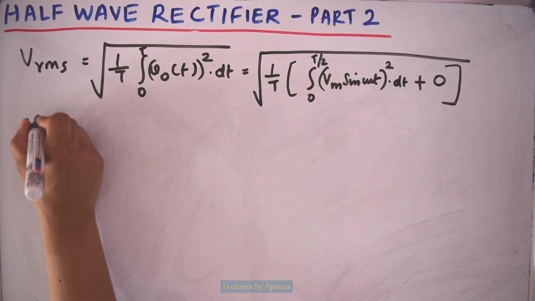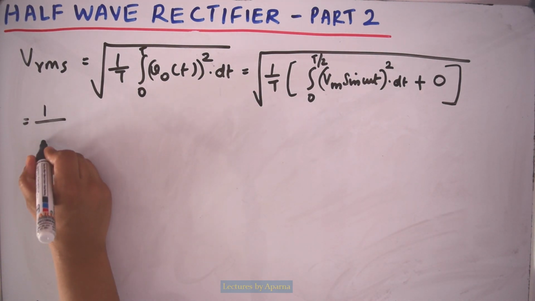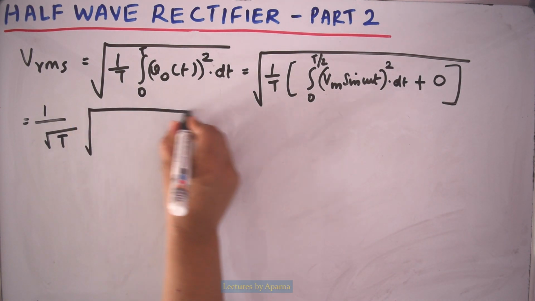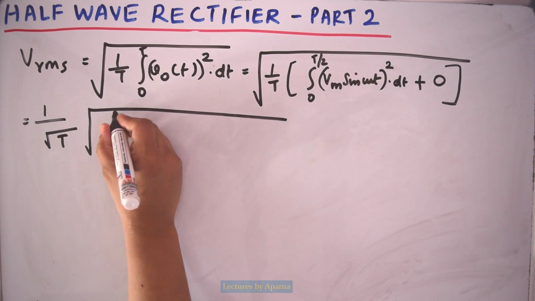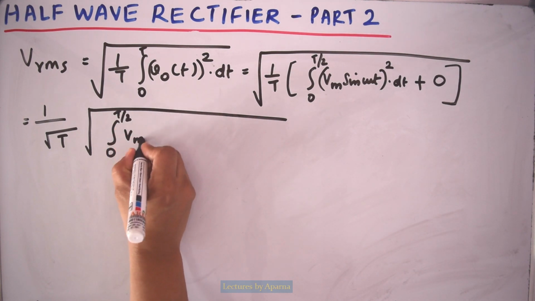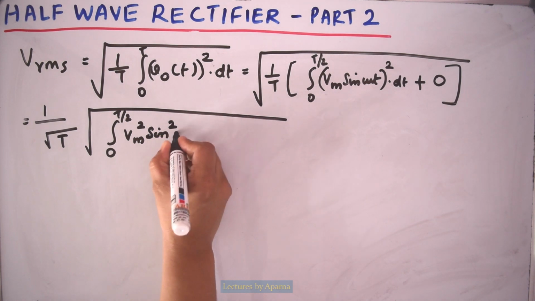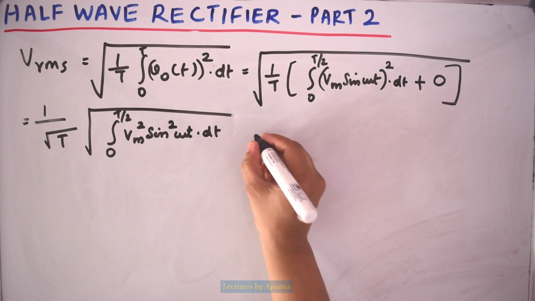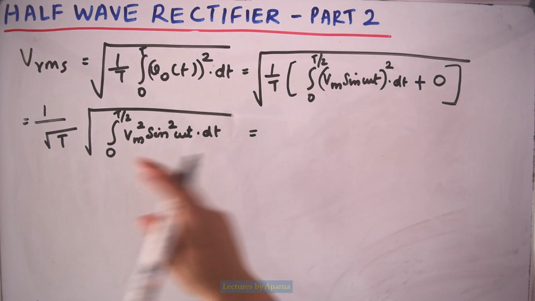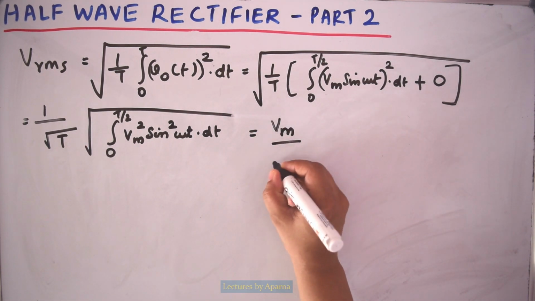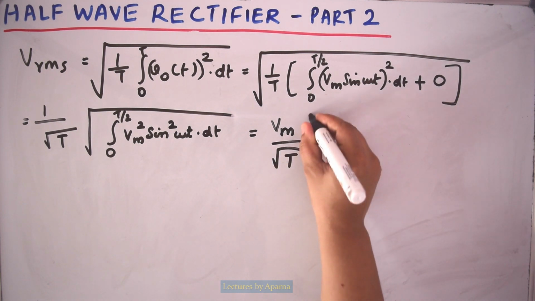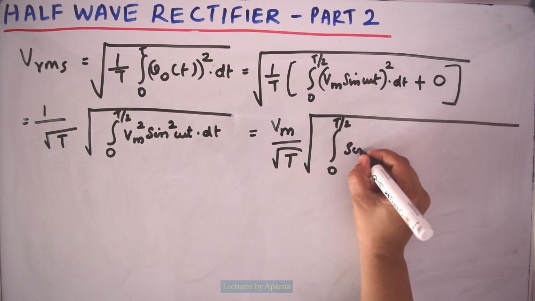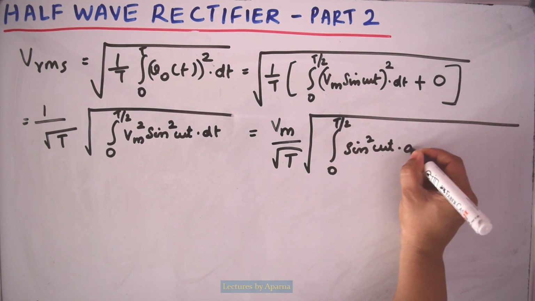So this will be equal to 1 by root T taken outside into square root of integral 0 to T by 2 Vm square sin square omega t into dt. Taking Vm outside, that will be Vm by root T into square root of integral 0 to T by 2 sin square omega t into dt.